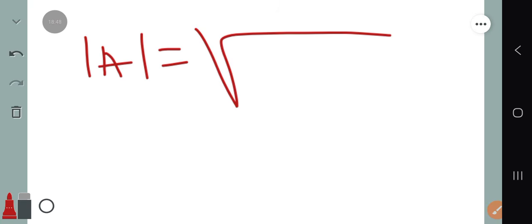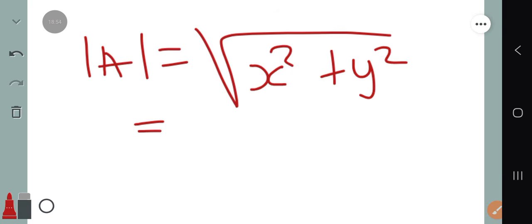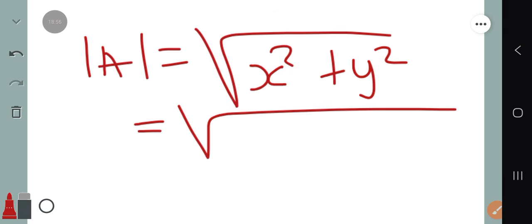Now let's find the magnitude of A and the magnitude of B, right? So the magnitude of A equals the square root of x square plus y square. What is the x component of A? It was 3i. Remember, i means x. So 3 square plus, what was the component of y?